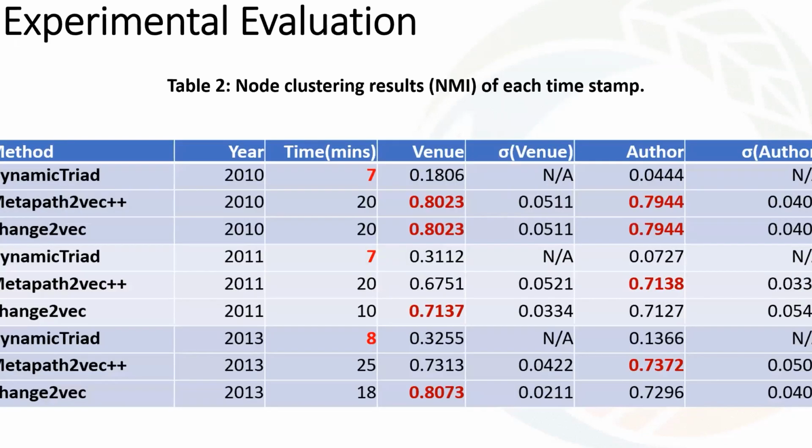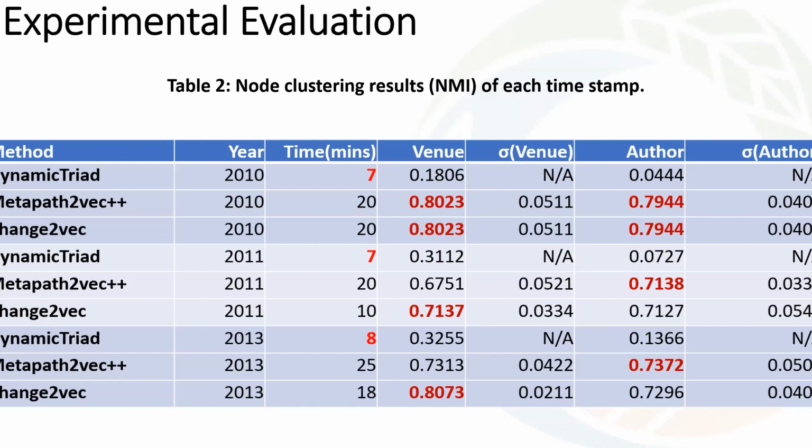So, these are some results of the experiments. Basically, the ChangeToVec algorithm achieved very competitive embedding vector accuracy. In terms of efficiency, dynamic triad was the one that consistently outperformed others.